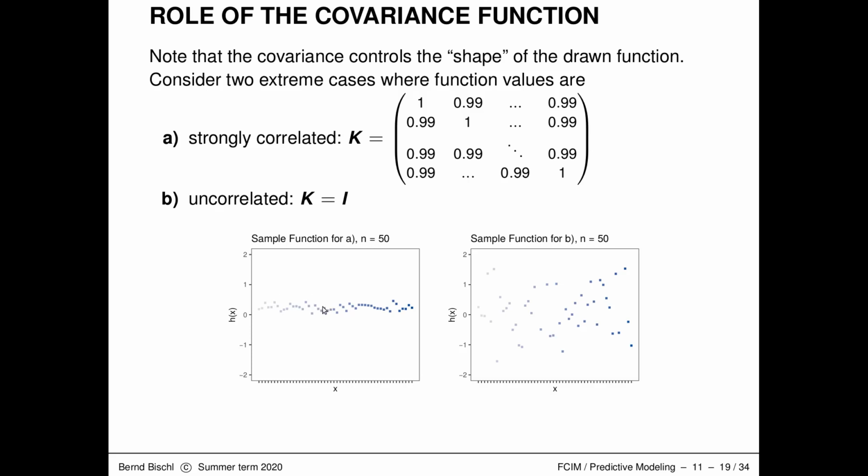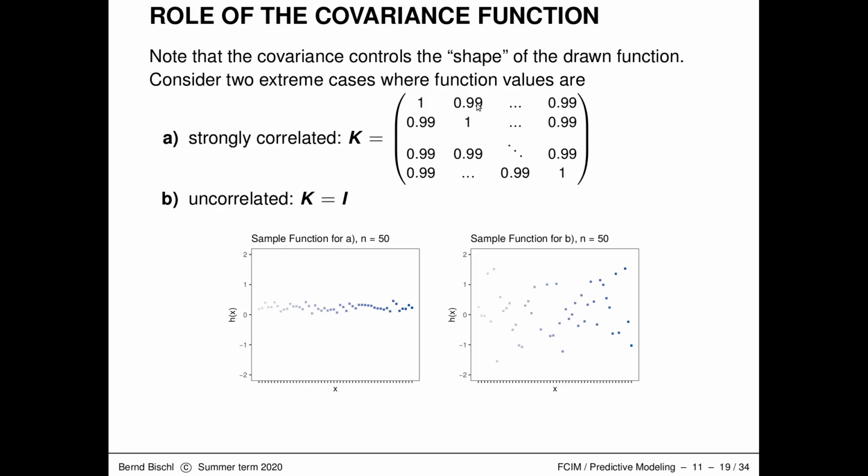And there's a second extreme case where my covariance matrix K is simply the identity matrix, so everything is pretty much uncorrelated. And what that means for A is that all of the functions I'm sampling from such a covariance structure are super smooth and super flat.